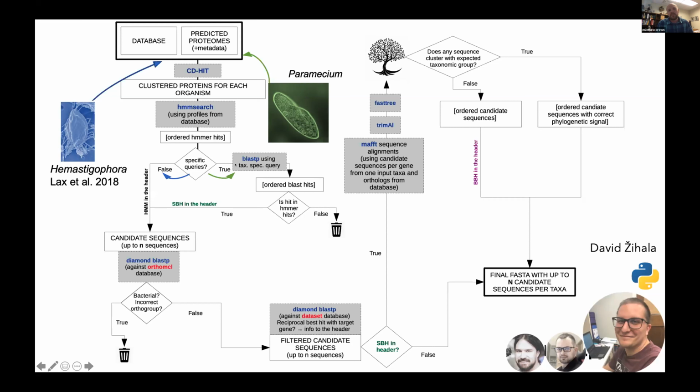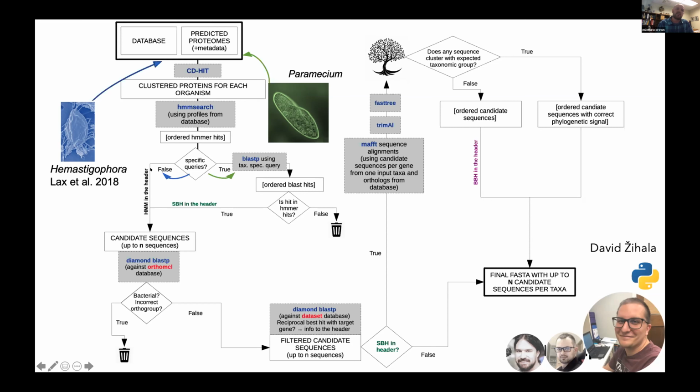If we do, then we'll use BLASTP to take organisms from, say, Tetrahymena, which would be fairly closely related to Paramecium, and we will blast those against our hits from our HMMER search. And then we order those based on significance.